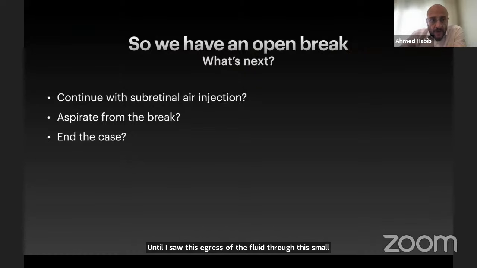So what to do next? Do we continue the subretinal air injection? The answer is no, because I learned the hard way that if I inject the subretinal air in the presence of a macular hole or an open break, it stays open and it enlarges and stays open that way, and you will need another surgery to close it.